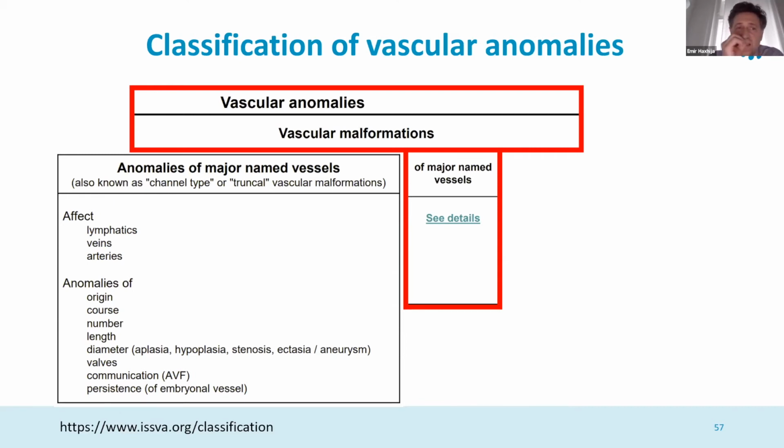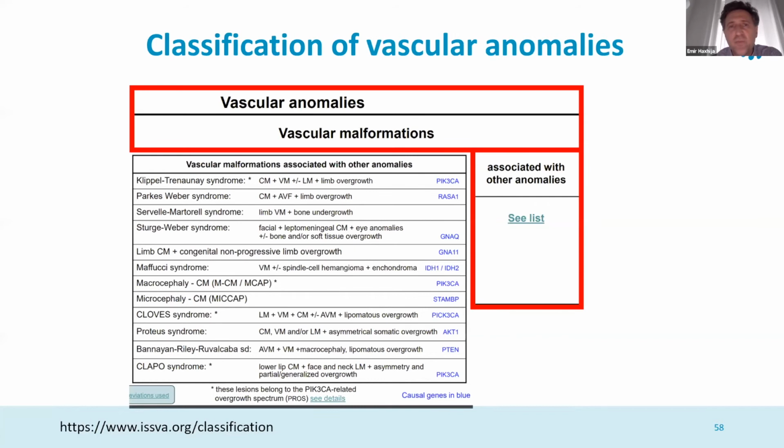They could be lymphatic, venous or arterial malformations, and the embryological source is described here with the origin, the number, the length, the diameter. Are there valves or not? Are there communications or fistulas? It is a kind of tabular classification, which is not described in detail in the ISSVA classification.